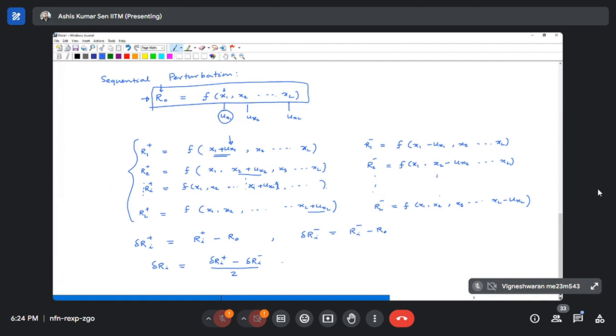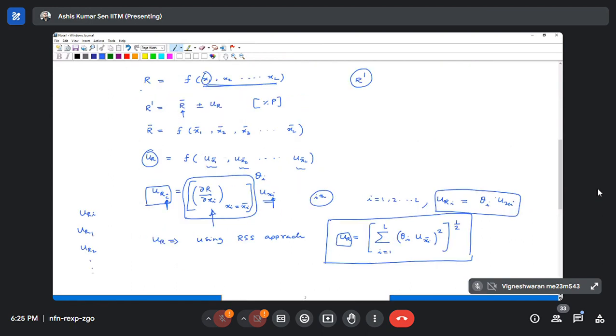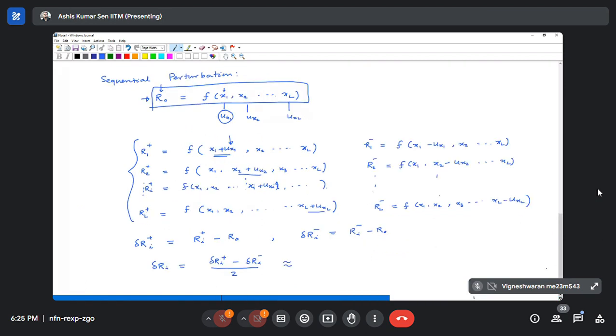Now if you remember the previous case, this is basically the uncertainty in the ith variable. This will be equivalent to theta i Uxi, right? So this will be equivalent to theta i Ui in the previous case.